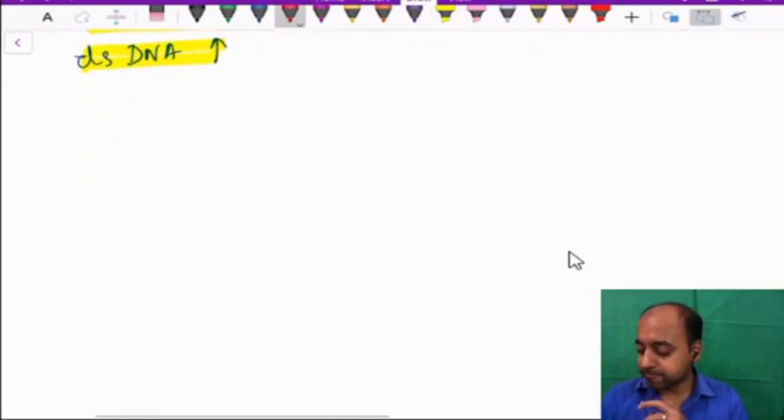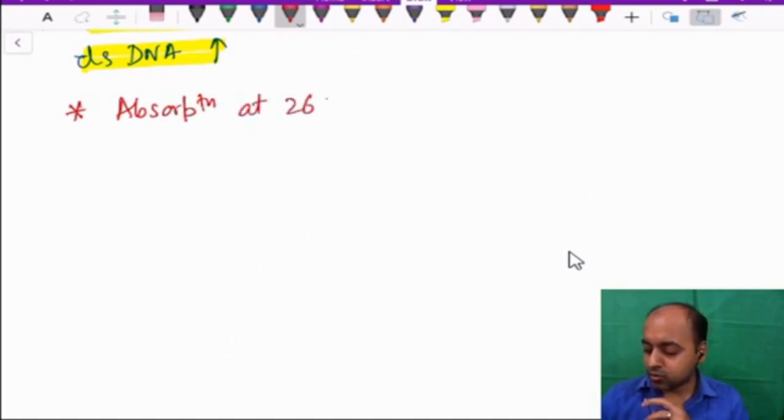Last point, the absorption at 260 nanometer can be used for two things.